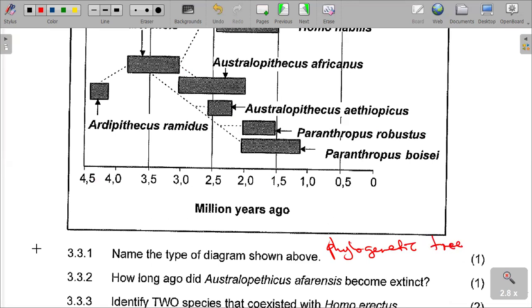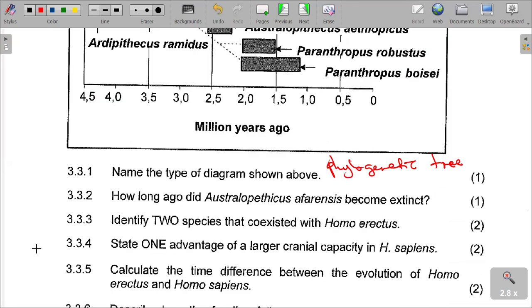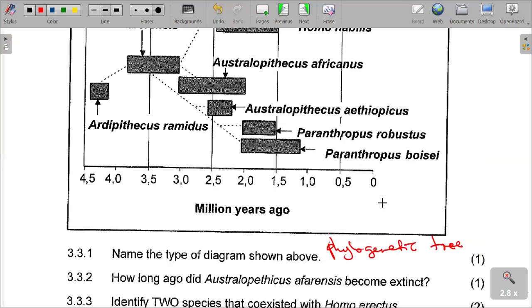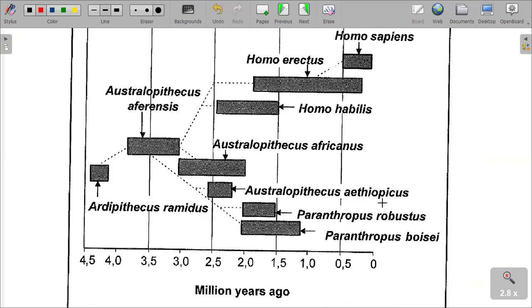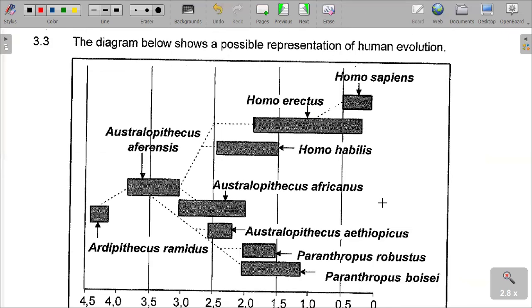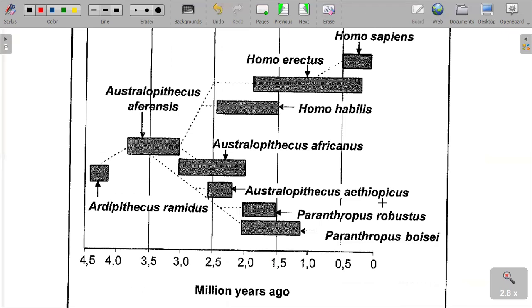And then another question is saying how long ago did Australopithecus afarensis become extinct? We can look at Australopithecus afarensis. So we are saying it started here and then it ended here.